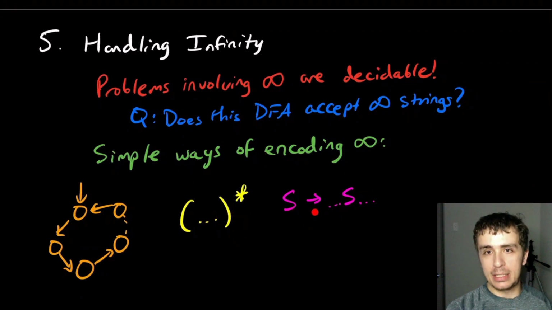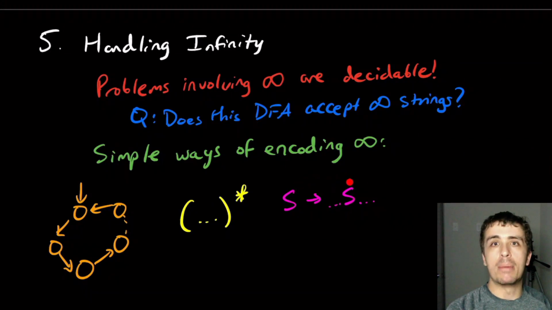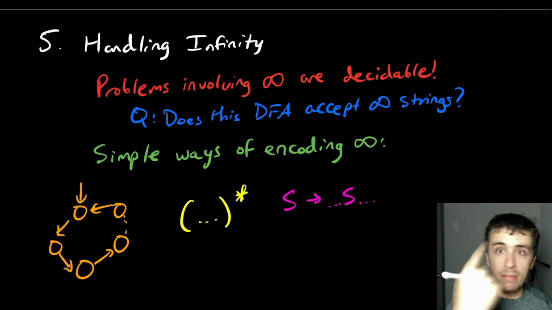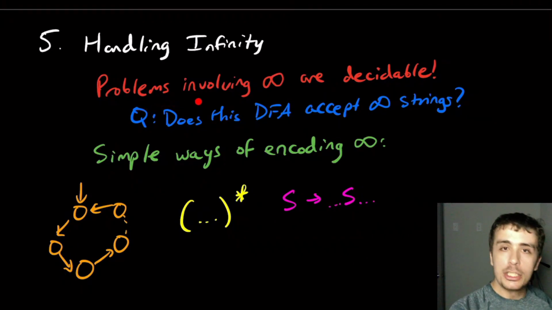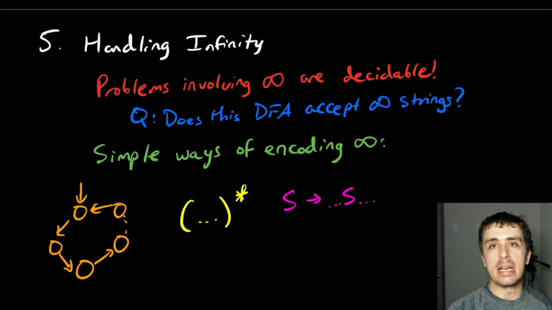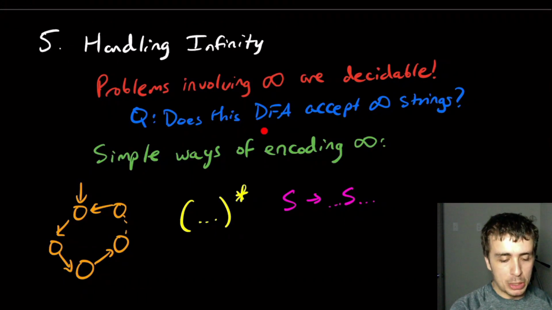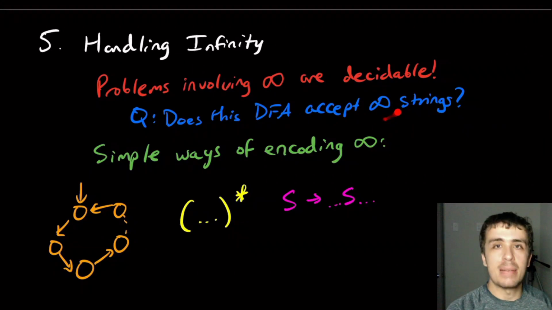And in context-free grammars, if we have something like a variable is replaced with something non-trivial on either side here, with an S right here, which is the same variable, then we can go around that loop, so to speak, as many times as we want. And actually, some problems involving infinity are decidable, which is pretty crazy, about certain properties of this DFA, for example. So maybe we can ask the question, does the DFA accept infinitely many strings?